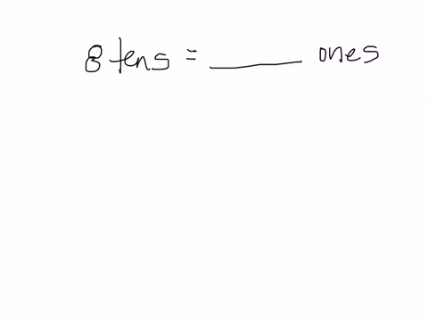I'm going to do a quick screencast explaining question 2 from the quiz Decimal Models and Symbolic Representation. So basically, I'm going to just do the problems that were part of that quiz question. The first question was, if you have 8 tens, we want to know how many ones that is equal to.